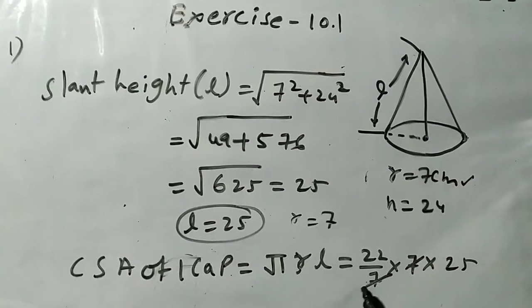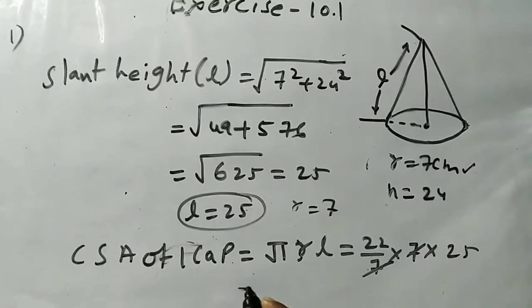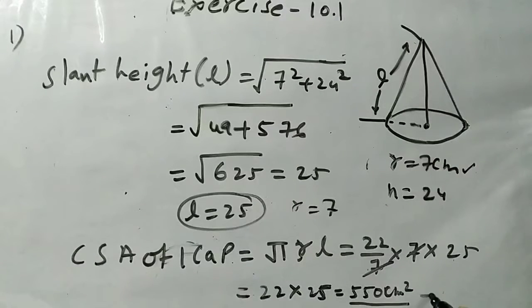So 7 gets cancelled. 22 into 25, we have to multiply here. So 25 into 22 is 550 centimeter square per only one cap.